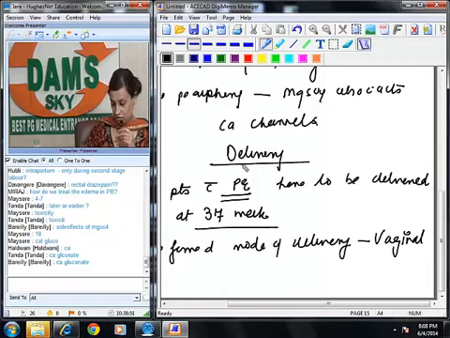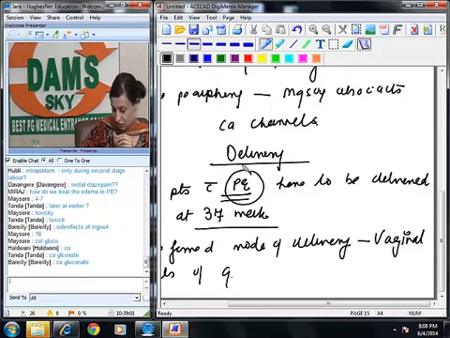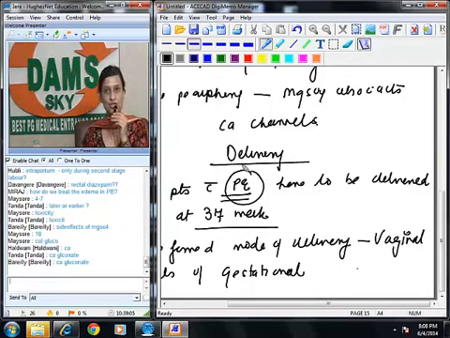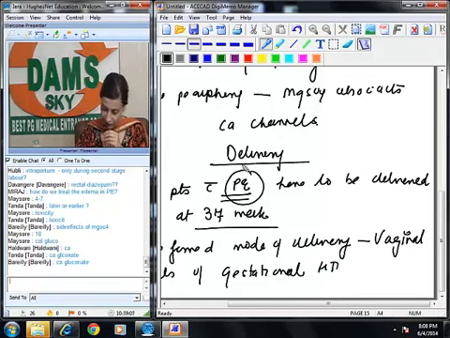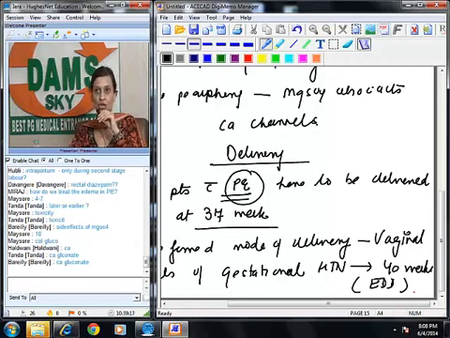Third important point. Like I said, patients of preeclampsia have to be delivered by 37 weeks. We say patients with gestational hypertension can be taken up till 40 weeks, which is their EDD. EDD stands for expected date of delivery.